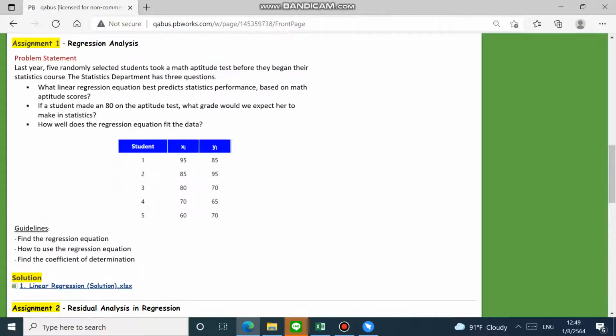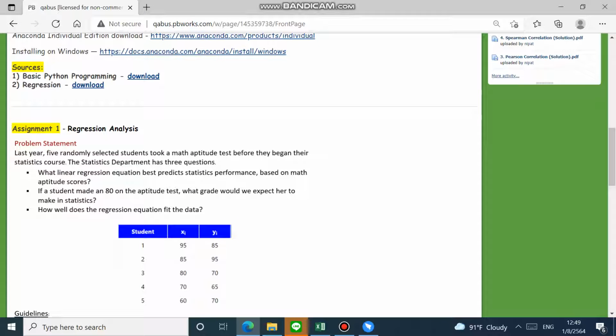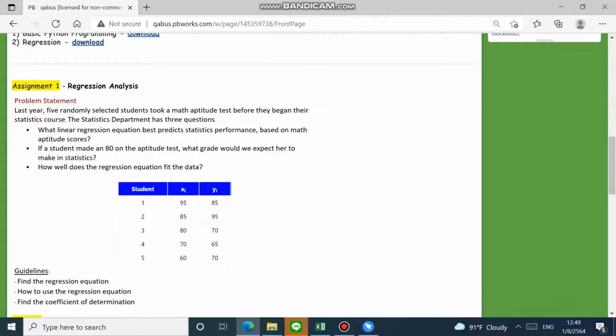You answer the second bullet, right? If a student made an 80 on the aptitude test, what grade would we expect? We will predict it. What grade would we expect her to make in statistics? You need to know how to use the regression equation.